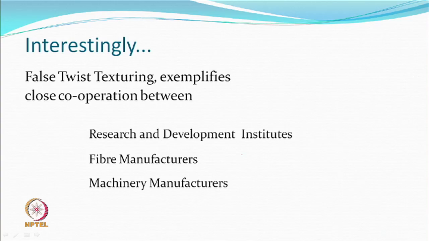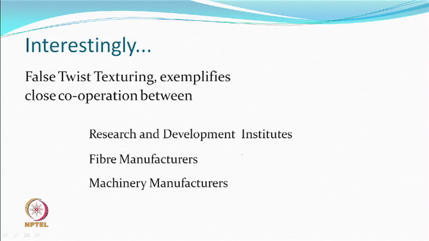One of the interesting things one can always remember in this industry, which is false twist texturing, is that there has been a good, close cooperation with the R&D development institutes, fiber manufacturers, machinery manufacturers, all of them contributed their might for the success of this technology.